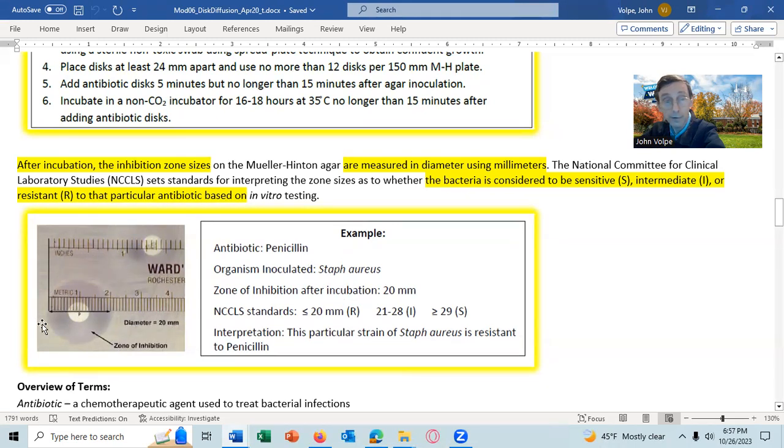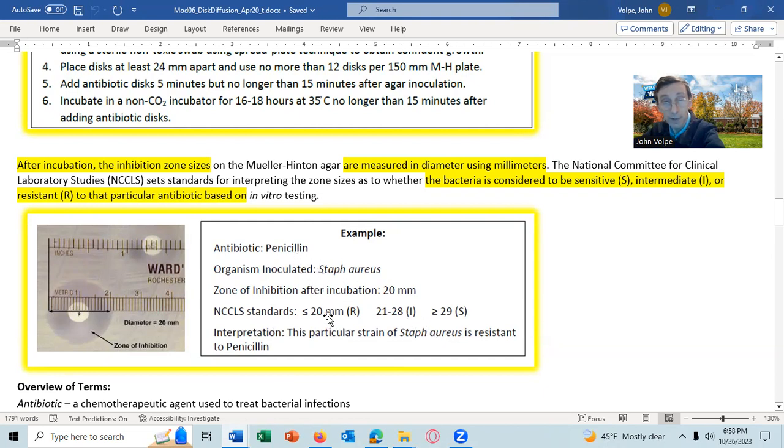So you have to measure the diameter of the zone of inhibition in millimeters and then compare it to the table of the NCCLS standards to determine if the bacteria is resistant to this antibiotic or sensitive to that antibiotic.